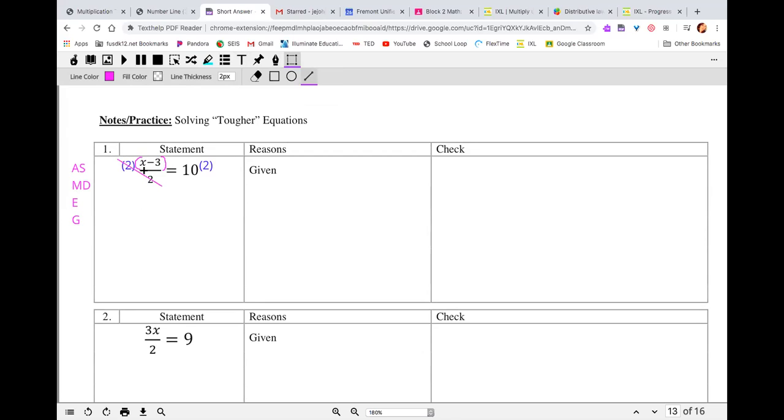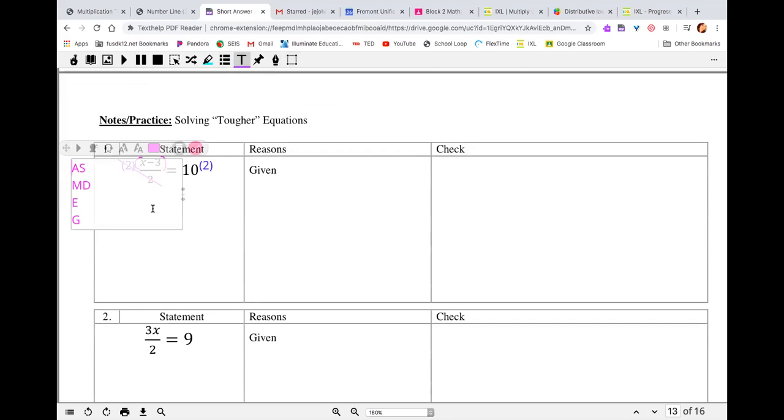Okay. So now I don't need those parentheses anymore because we got rid of the fraction. So when I rewrite this, x minus 3, and then 10 times 2 is 20. Okay. So now it says x minus 3 equals 20.